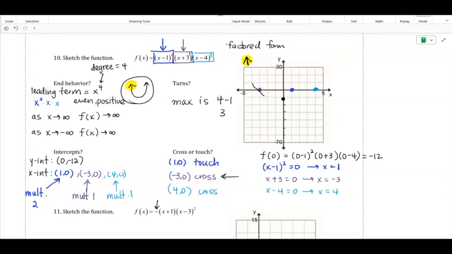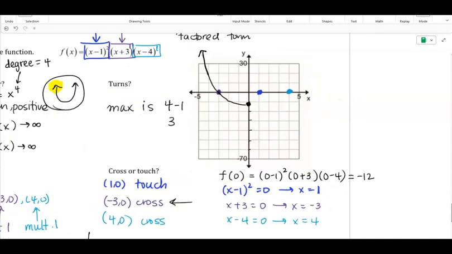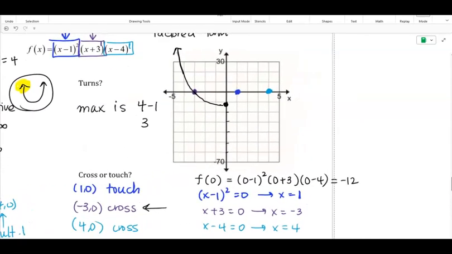So I'm going to cross through the x-axis there. I know I need to continue my graph to go and hit this y-intercept here at (0, -12). And then I need to go up to hit the x-intercept at (1, 0), where it only touches the x-axis. That will come up, touch that x-intercept, and turn back around.